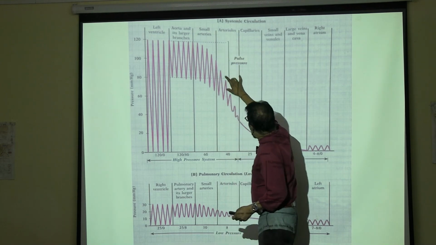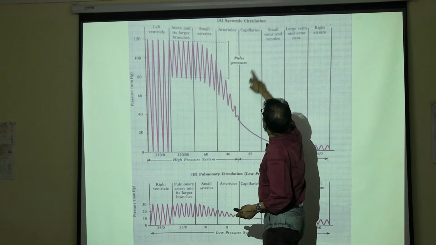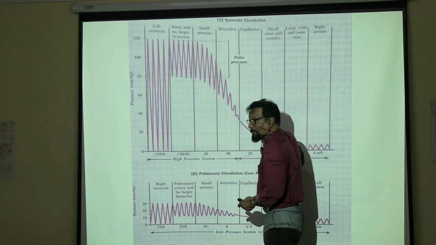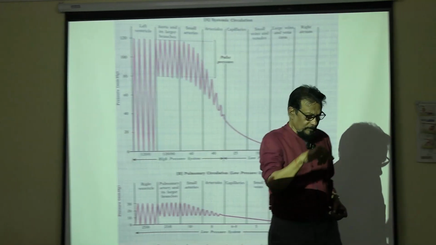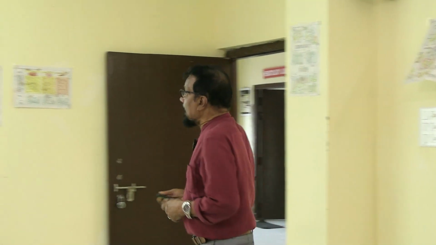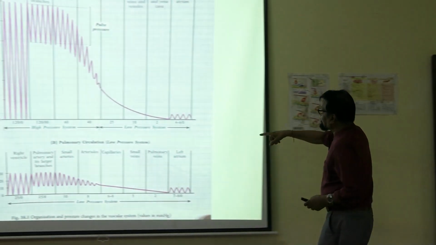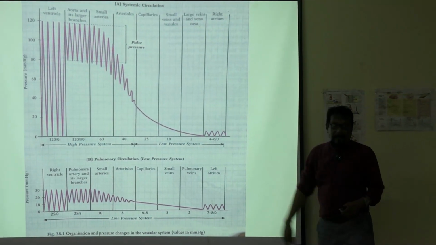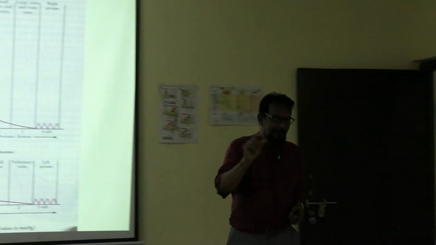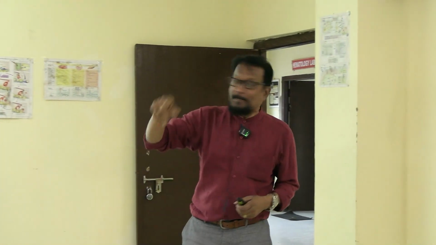In arterioles, again a steady decrease, and in capillaries no systolic, no diastolic, only laminar flow, no phasic flow. And in the right atrium, pressure is less; systole and diastole will be there. So gradually pressure is decreasing.